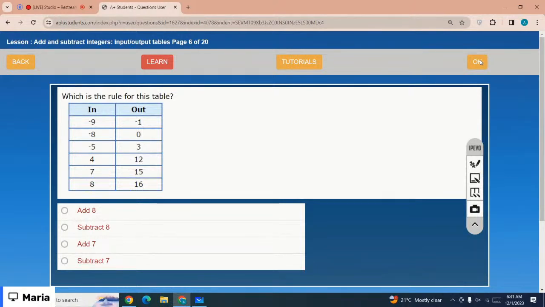Yes, add 8. Very good. The correct option is add 8.